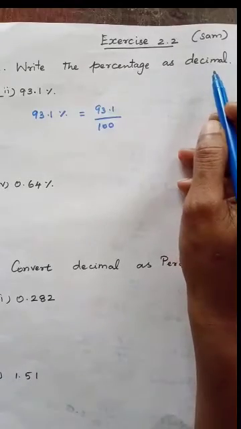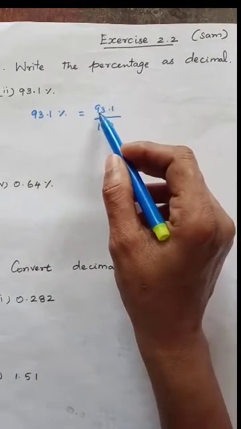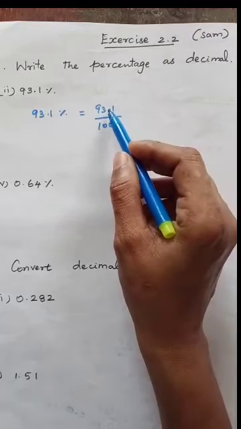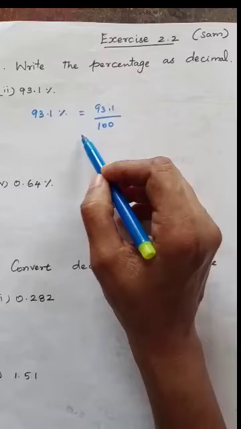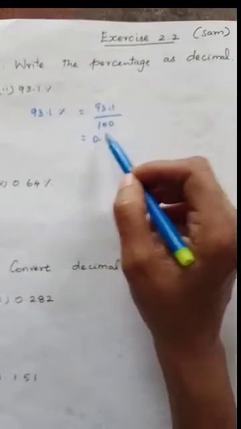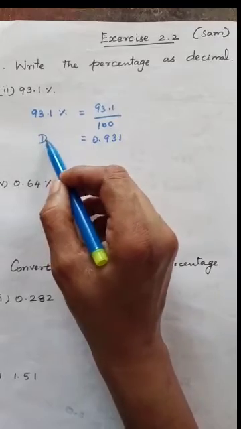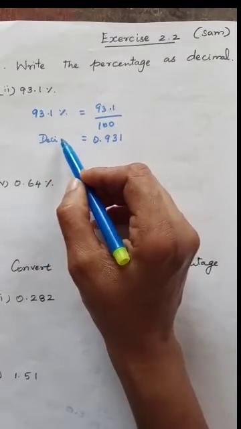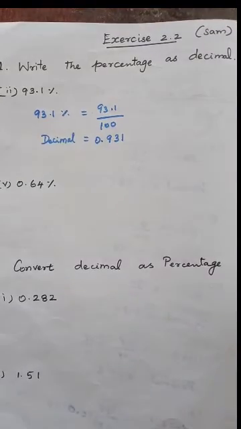We have to change this to decimal. So after 2 digits, the decimal point will come. Here 2 zeros, so 1, 2. So the answer is 0.931. This is the decimal of 93.1. Okay, this is the answer.